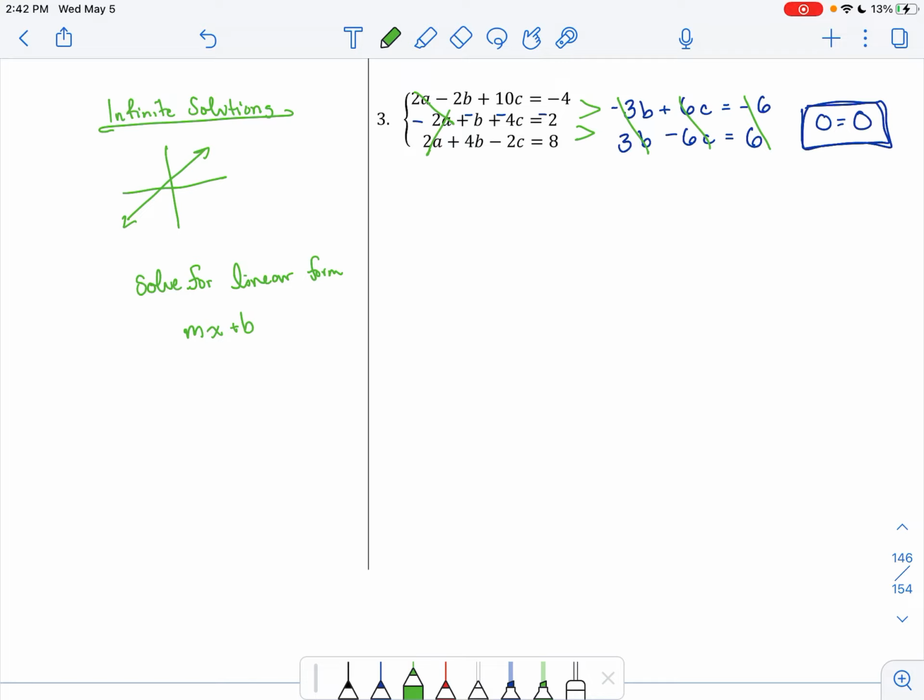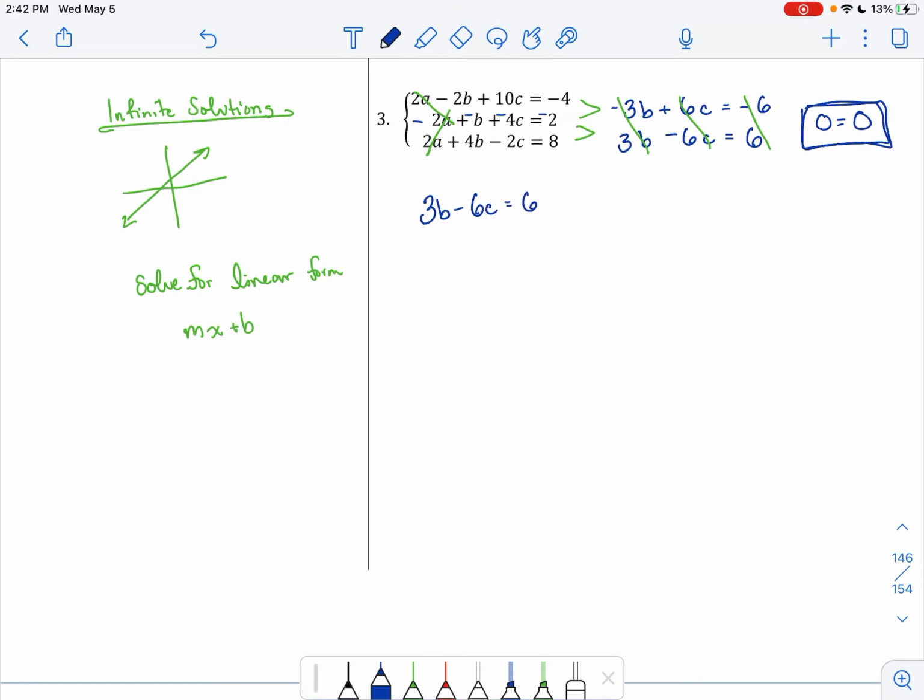Often you're not going to, x isn't the one that's easiest to solve for. Often it'll be one variable or the other. So in this case, I'm looking here and I am going to say, well, we know that 3b minus 6c is equal to 6. So this is that last equation that we just solved for.